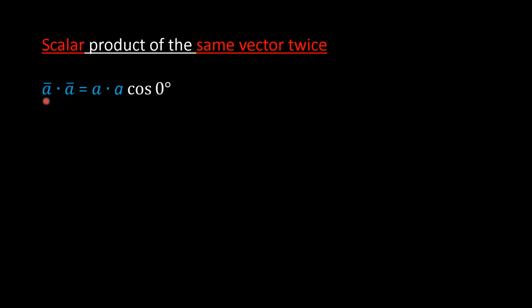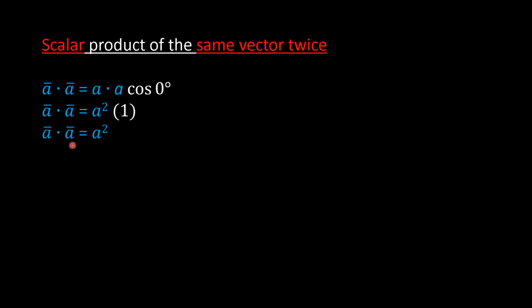We will see what happens in the scalar product of the same vector twice. When we take the same vectors, the angle between them will be 0. For example, a bar dot a bar will be a times a cos 0 degrees, so it will be a squared times 1 because cos 0 is 1.